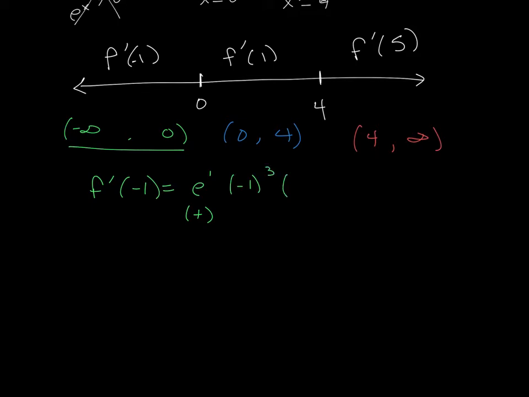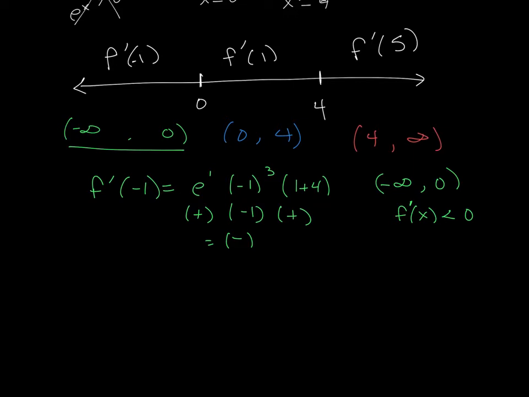And then again, plugging in -1 gives me 1 plus 4, so this gives me a negative and then a positive. So what this tells me is that in the interval from -infinity to 0, the derivative of the function will always be less than 0 because this will always be negative.